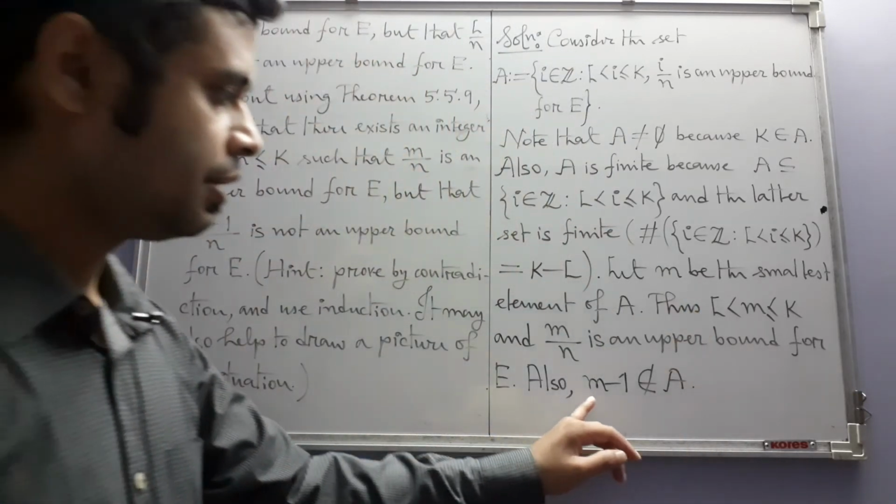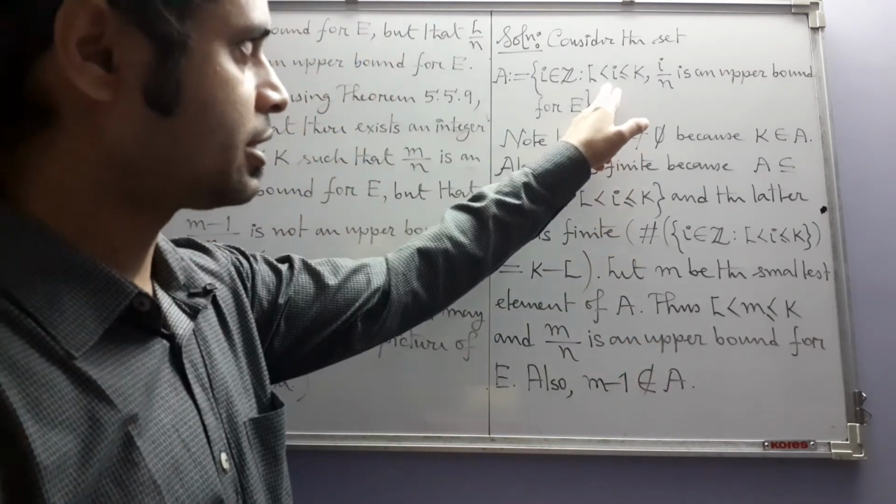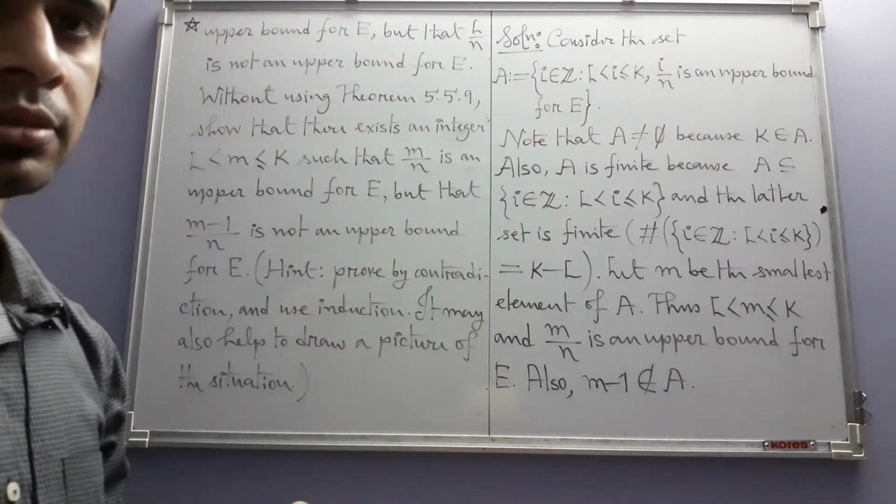So that means M minus 1 does not satisfy both these conditions.